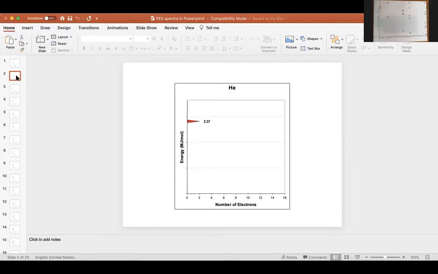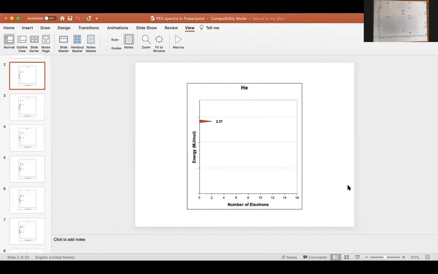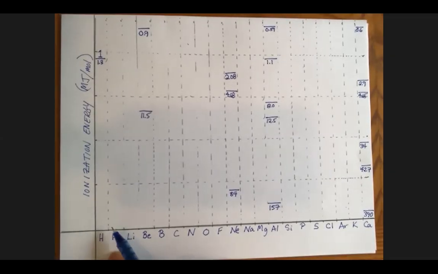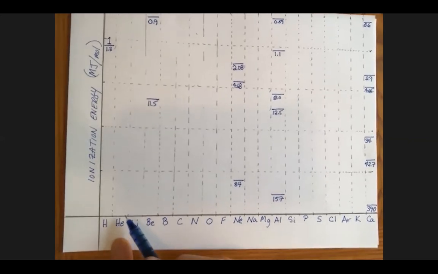So if I look at helium, and I can probably zoom in here a little bit, the photoelectron spectrum for helium says that at 2.37 megajoules per mole, something happens. Now I want to go back to my graph over here, and I've got helium at 2.37 megajoules per mole.